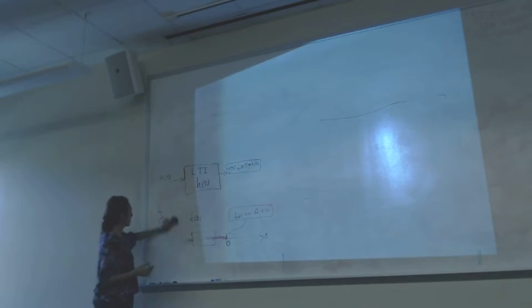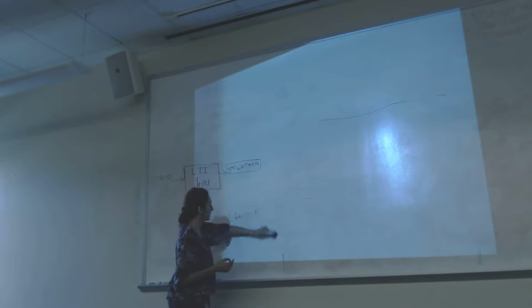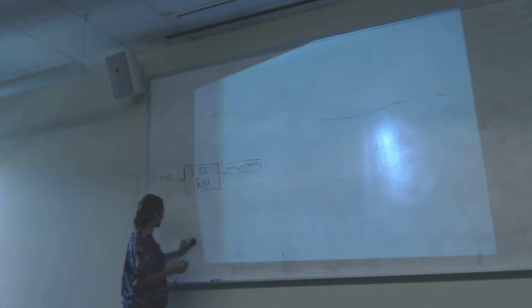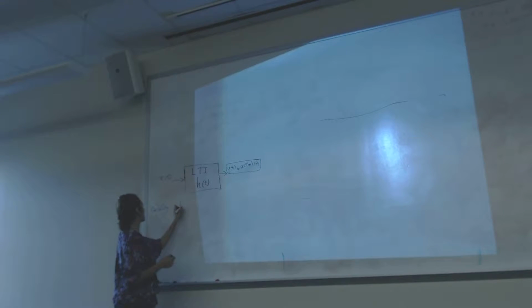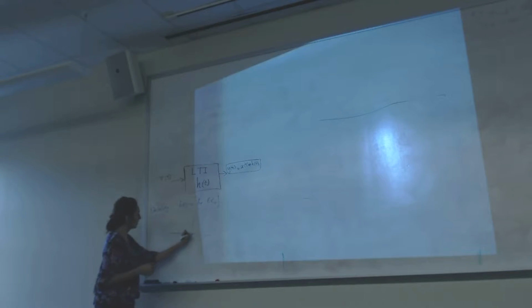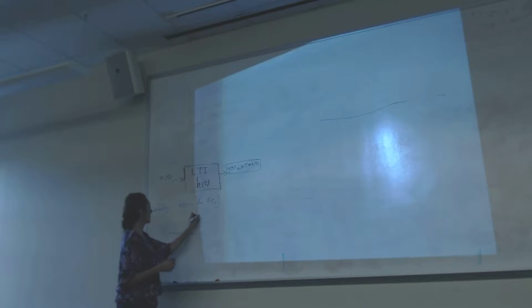So this is the condition of causality: causality says h of t is 0 for negative t.